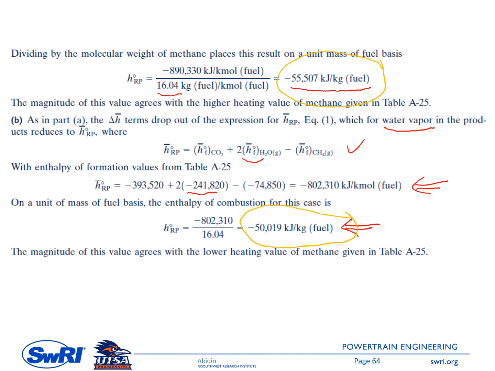Then you can check this number by comparing it with the lower heating value for methane in table A-25, and both are the same. And the difference between these two heating values is the heat of evaporation of water.